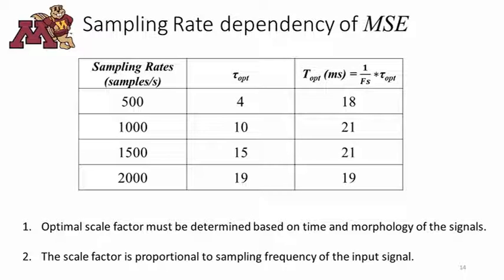We can see that as sampling rates increase, the optimal tau value also increases. However, if we observe the optimal tau in terms of length of the template, it can be seen that the length of the templates remain approximately 20 milliseconds as shown in column 3. Therefore, the optimal tau value should be determined based on time and morphology of the signals rather than just the number of samples present in the signal or the sampling frequency of the signals.